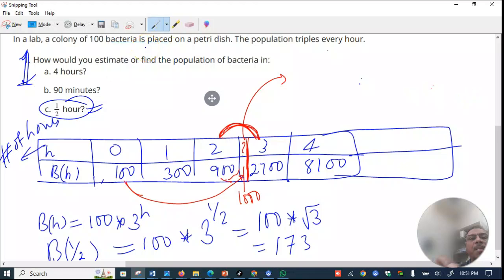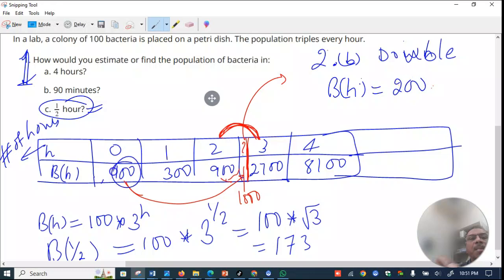The second part B says, for what input or after how many hours does the bacteria population double? So that means it is B of h. Double means 200 because in the beginning it was 100, so it is when it's going to be 200.